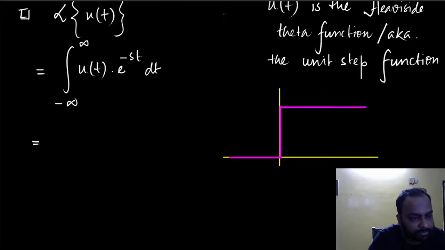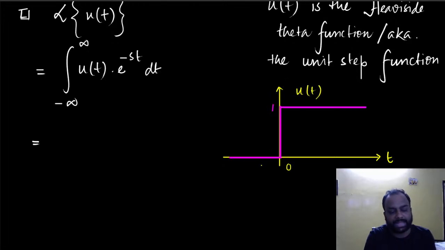So that's my signal u(t), right? It has a value of 0 when t is less than 0, and at t equal to 0 it jumps to 1, and when t is greater than 0 the value of the signal is equal to 1, right?